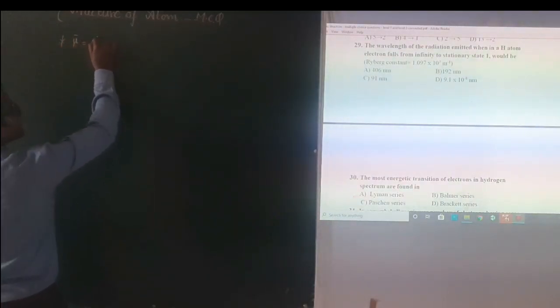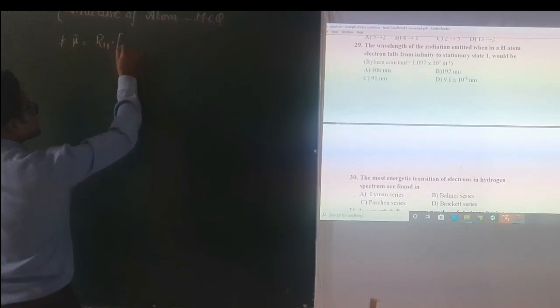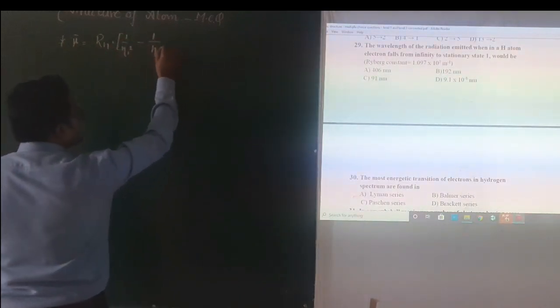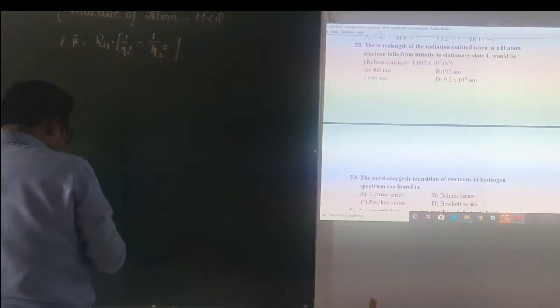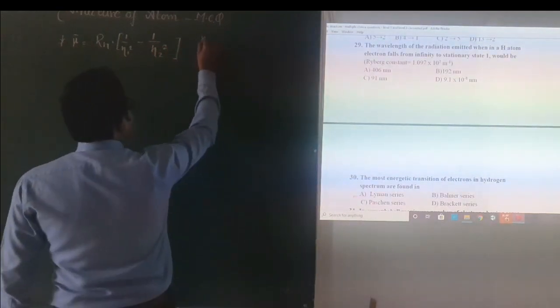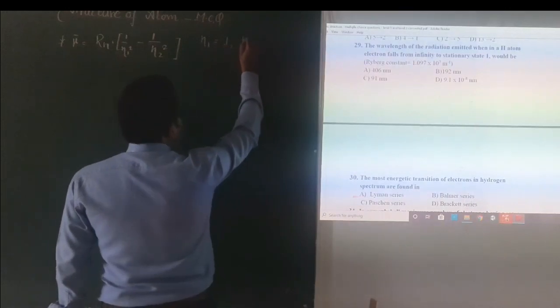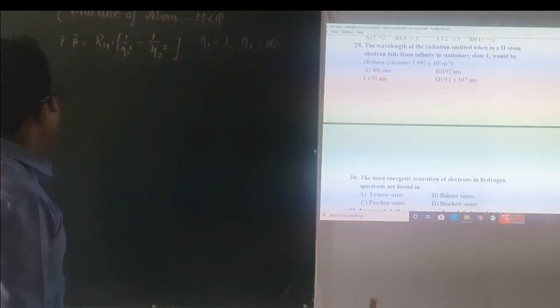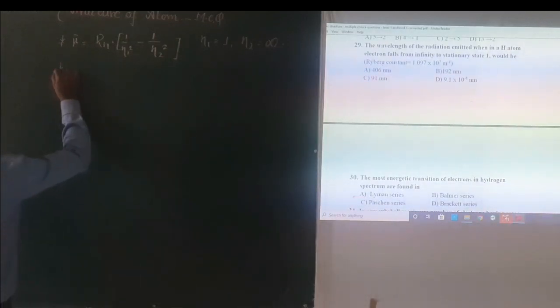So what do we have? 1 over lambda equals RH into 1 over n1 square minus 1 over n2 square. Okay, so first, what we have is n1 is equal to 1, n2 is equal to infinity. This is what we already know.